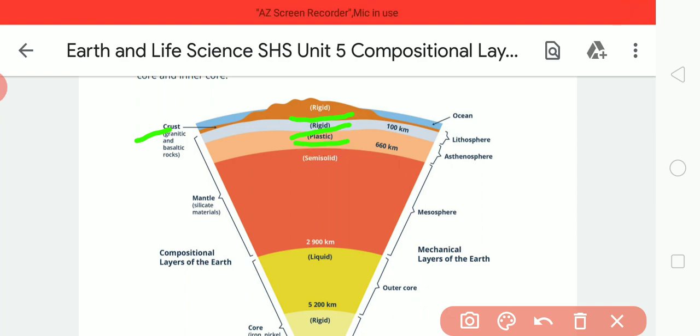Not literally the plastic we commonly use at home or in our kitchen utensils, but the plasticity of the asthenosphere is different in a way that the asthenosphere is very sensitive because it is constantly moving. That is the reason when there is an earthquake or sudden movements of the earth just below the crust.